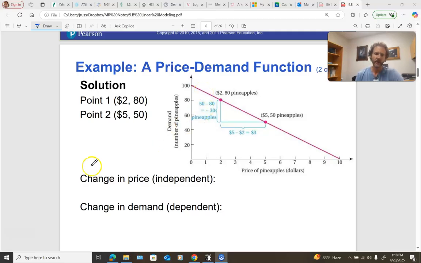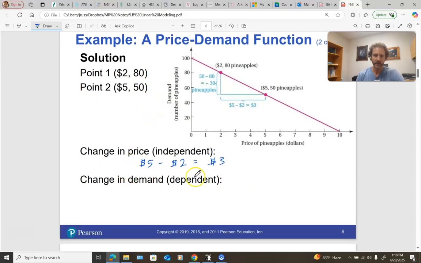Okay. All right, so the change in price, which is the independent variable, was just $5 minus $2. And that will give us $3. So we've increased the price by $3, but the number of pineapples has actually decreased.